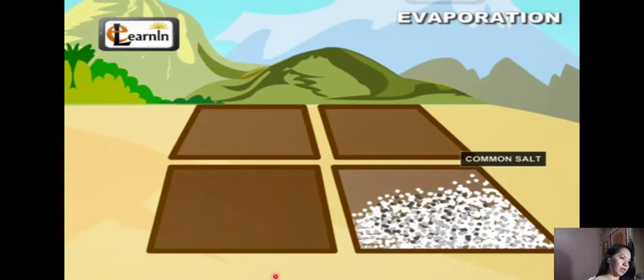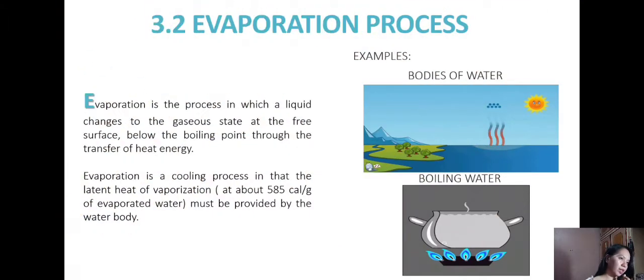Okay, that is evaporation. To further know about the evaporation process, let's now discuss. Evaporation is the process in which a liquid changes to the gaseous state at the free surface below the boiling point through the transfer of heat energy.